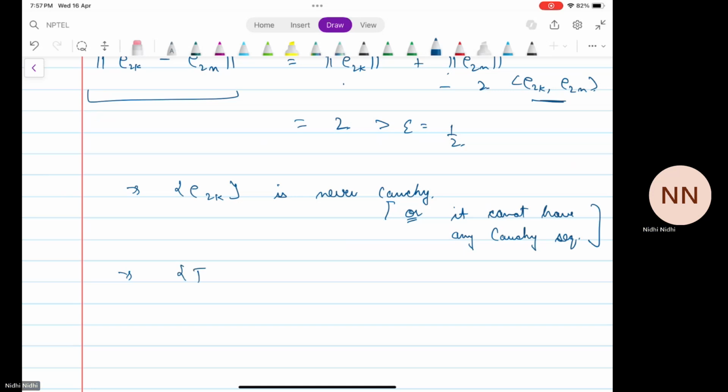Implies T e_{2k+1} can never have any convergent subsequence. Implies T is not compact.